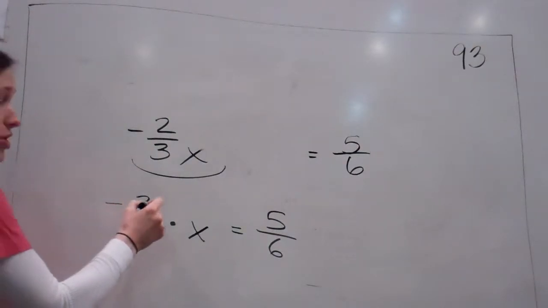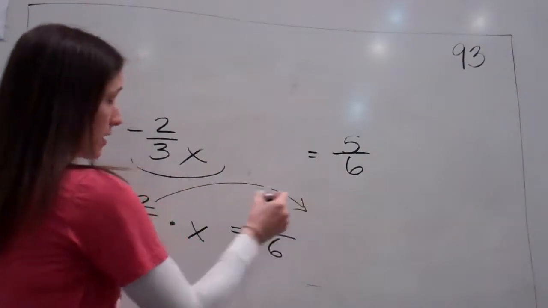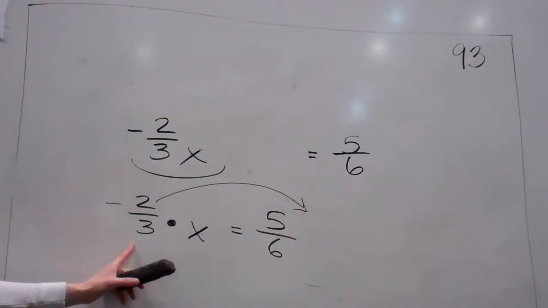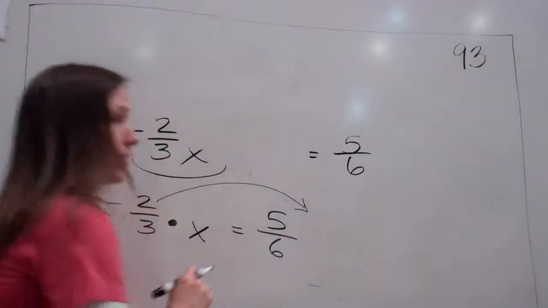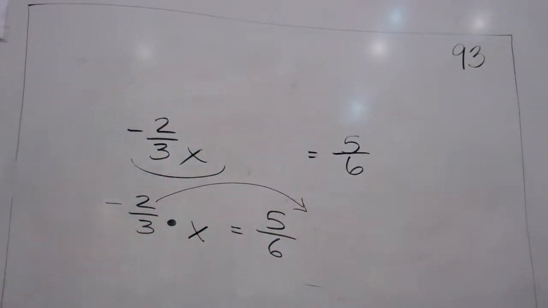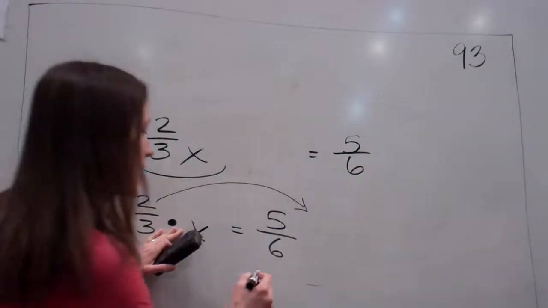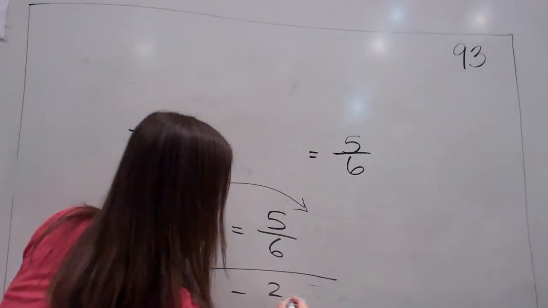So if I want to move it across the equal sign, you only change your divide, multiply, add, or subtract. But either way, it would be a multiplication problem eventually. But right now, since it says times negative 2/3, I'm going to divide by negative 2/3.